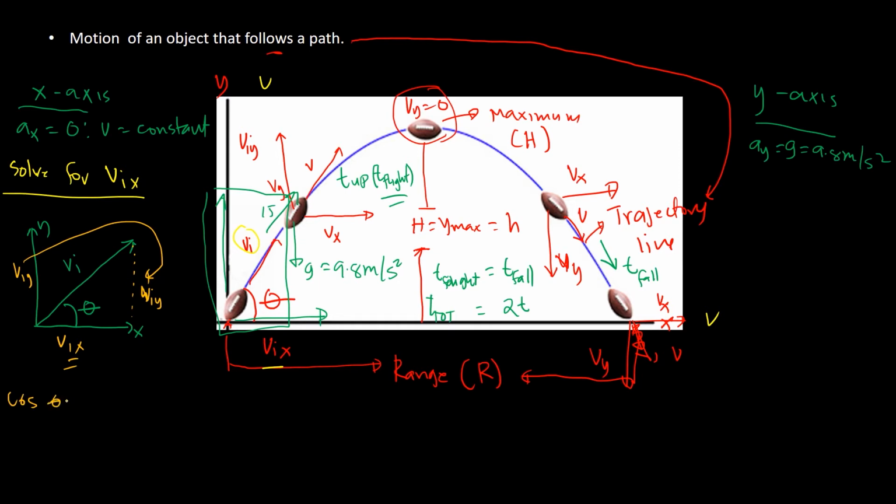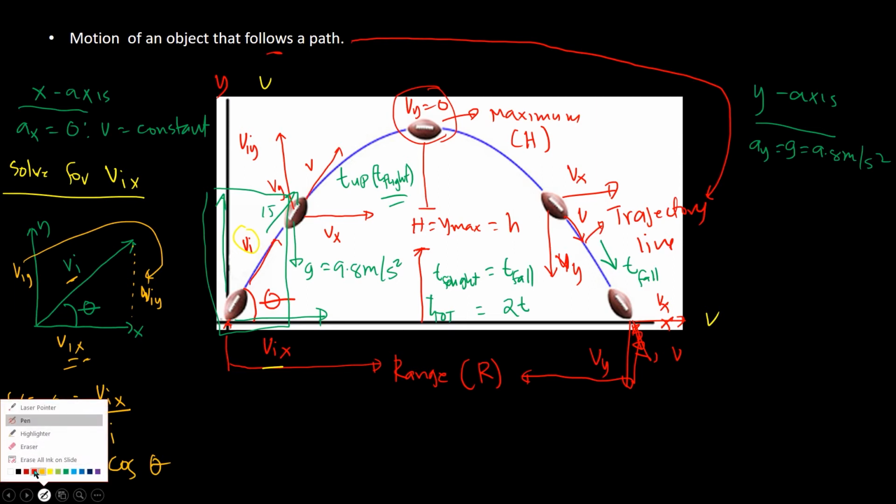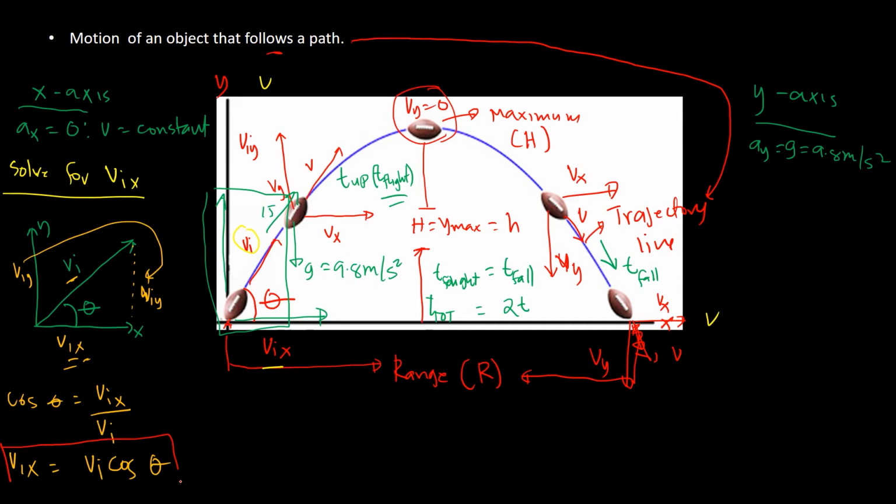Cosine theta is given by the adjacent, which is v sub ix, divided by the hypotenuse, which is v sub i. You cross multiply that, and this is equal to v sub ix equals v sub i cosine theta. And this is now the formula for finding the initial velocity along the x-axis.